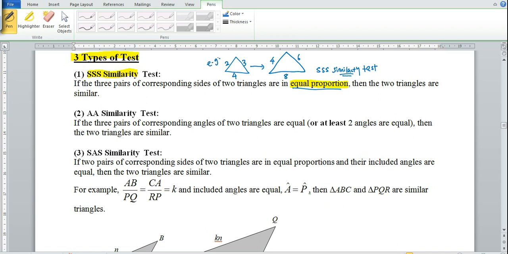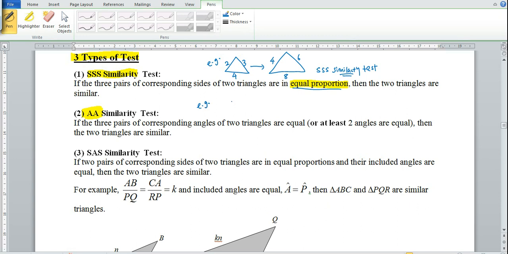Now the next test we're going to use is the AA test. Notice that in this case we only need to have 2 A's. So why is that so? Let me give you another example here for AA.